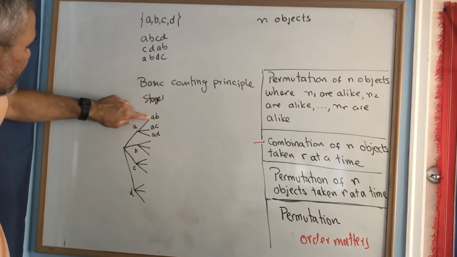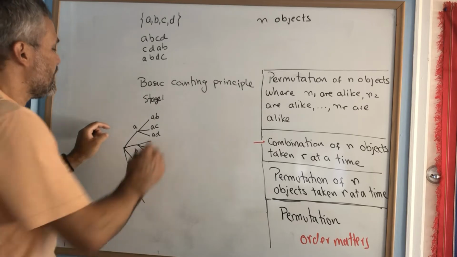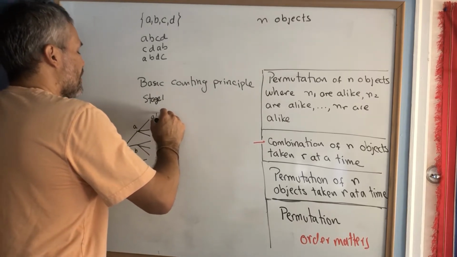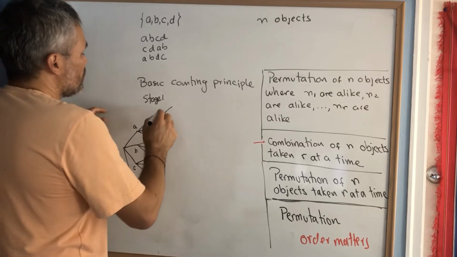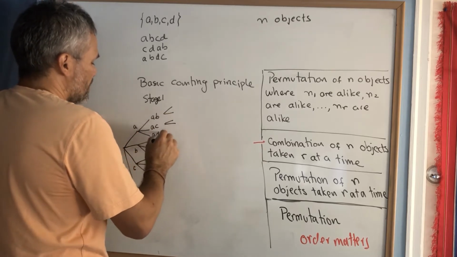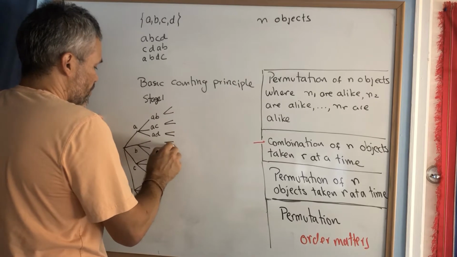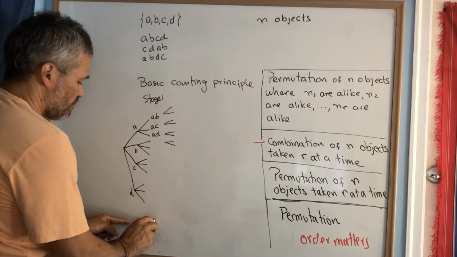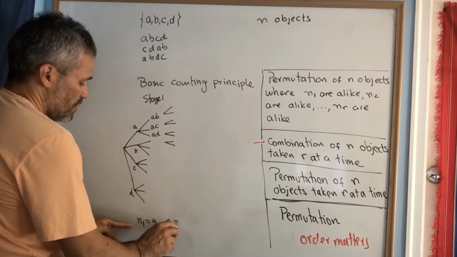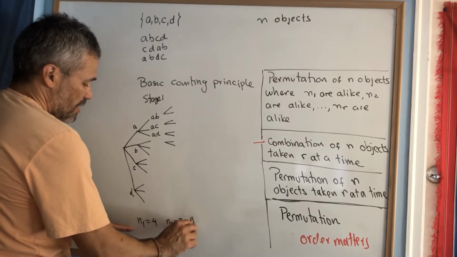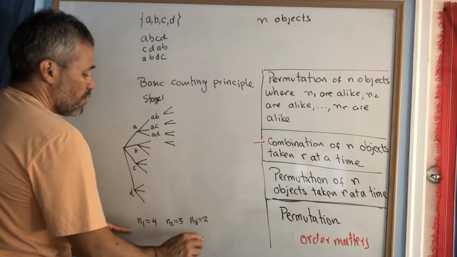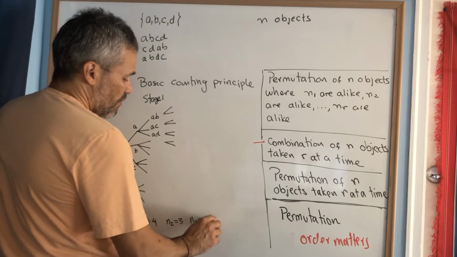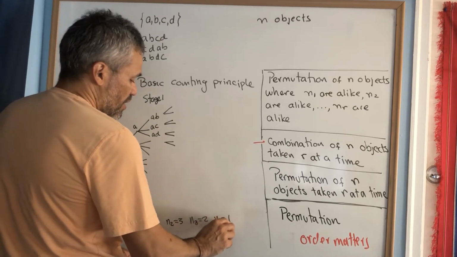Once we have selected 2 letters, the next stage is to select the third letter. Since we have selected 2, we only have 2 possibilities. In this case, N1 is 4, N2 is 3, N3 is 2, and once we have selected the first 3 stages, we only have 1 possibility, N4 equal 1.